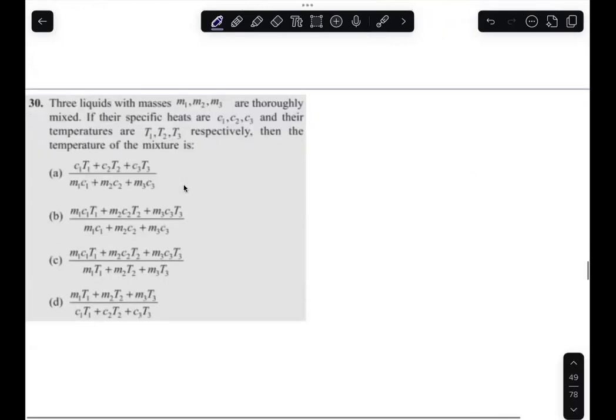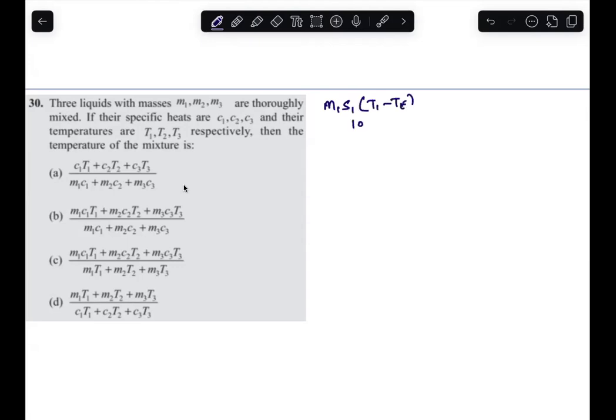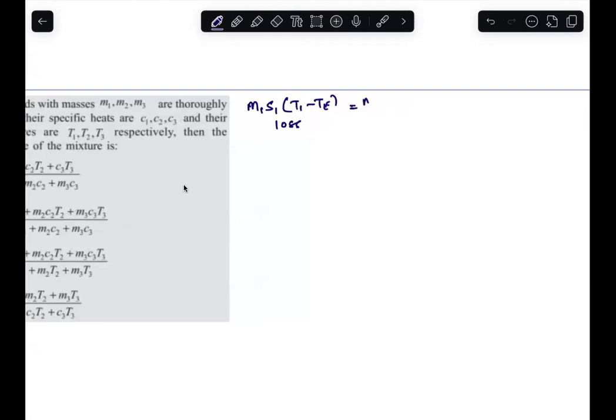3 liquids with masses M1, M2, M3 are thoroughly mixed. And their initial temperatures, see, in this question, liquids are different, masses are different, their initial temperatures are different. I am assuming one among them is losing, the others are gaining. Let TE be the equilibrium temperature. So which means M1, S1, T1 minus TE is the loss part. And I am assuming the gain part is M2, S2, TE minus T2 plus M3, S3, TE minus T3.